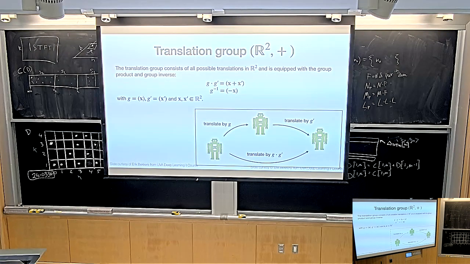There is a group product, which is a little bit unintuitive, but the group product ends up being addition of vectors. So if you take a two-element vector and you want to translate it, you sum it with another two-element vector, right? So you take something and you translate it. And the inverse element, of course, is just the same vector, just negative. Does that make sense?